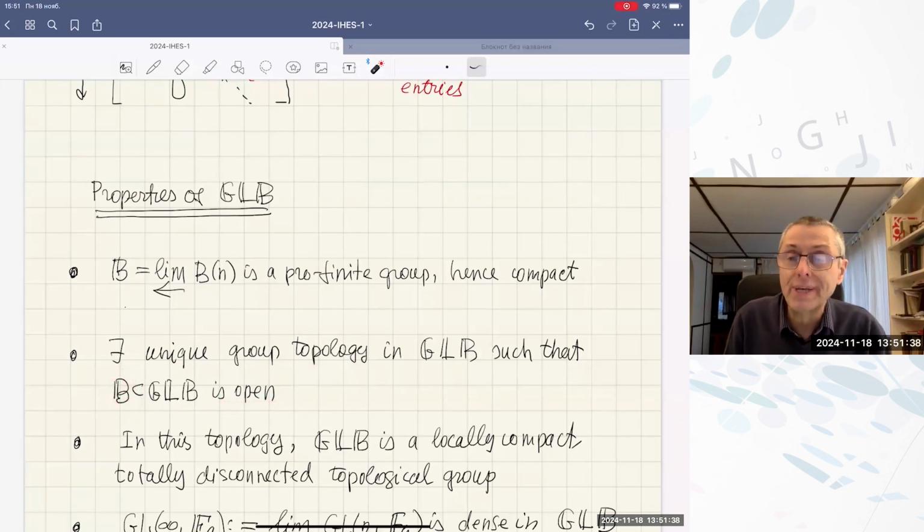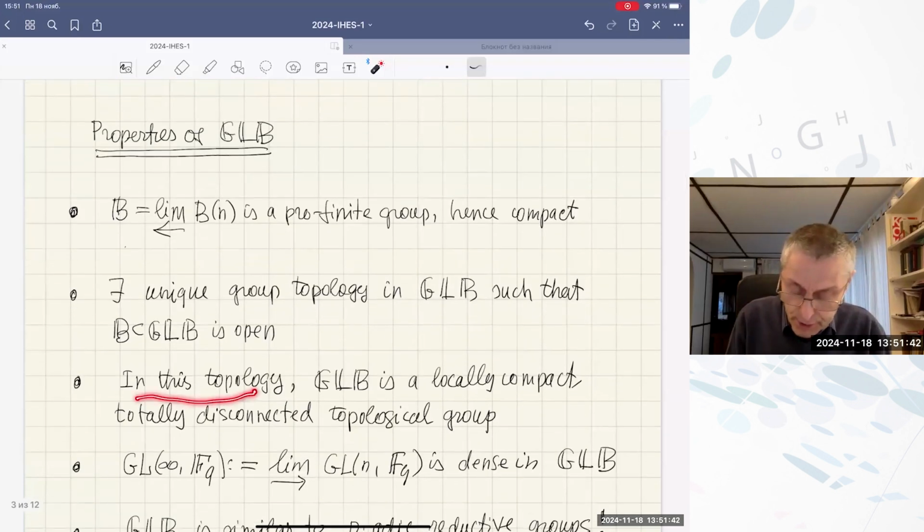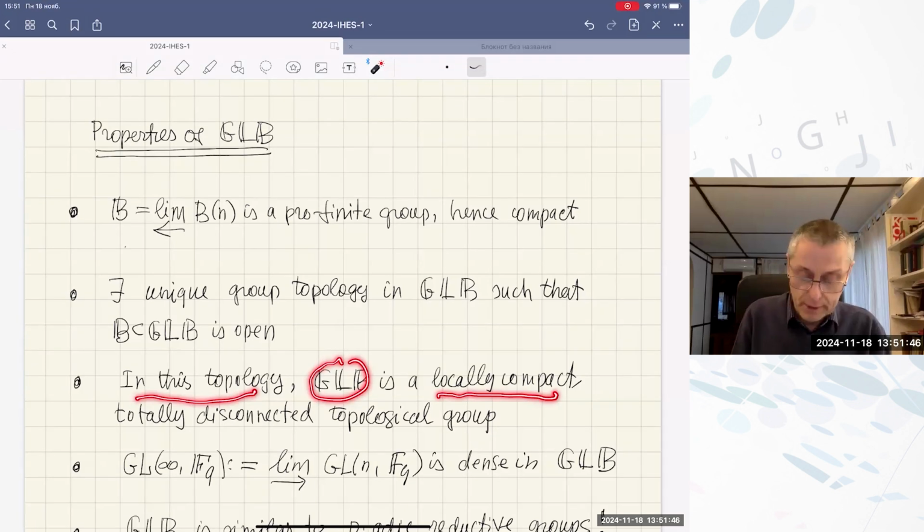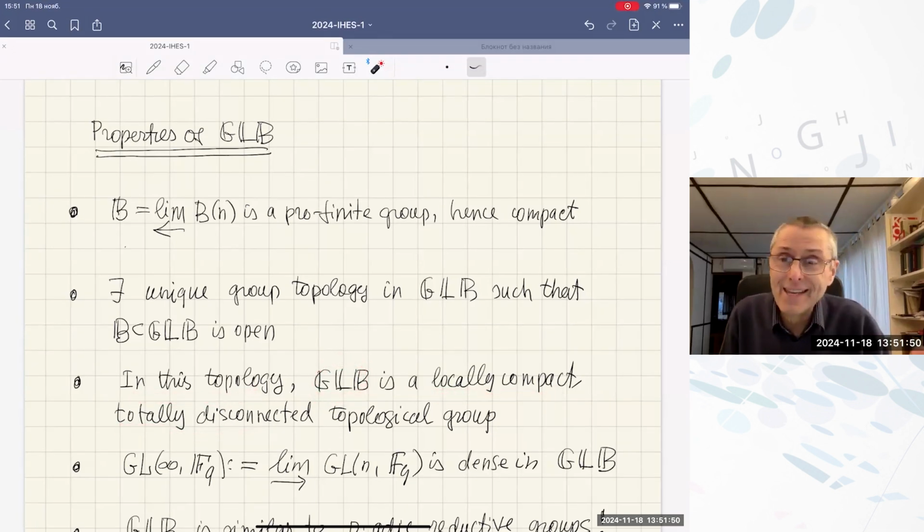It is an open and compact subgroup. In this topology, the group is both locally compact and totally disconnected, and in a sense it is infinite dimensional.